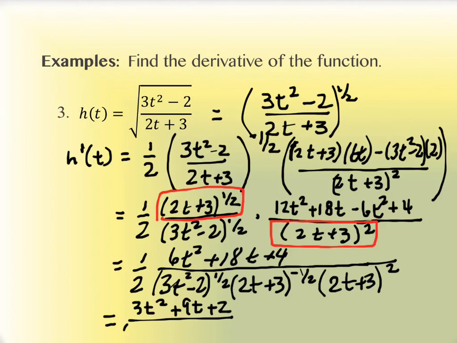And then on bottom I have 3t squared minus 2 to the 1/2. And I have the 2t plus 3, and then to the 3/2.